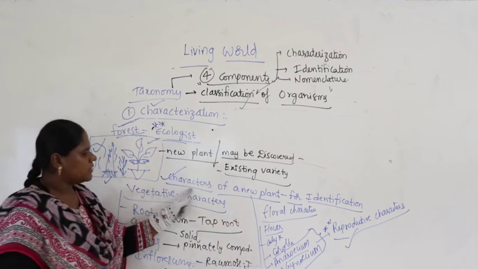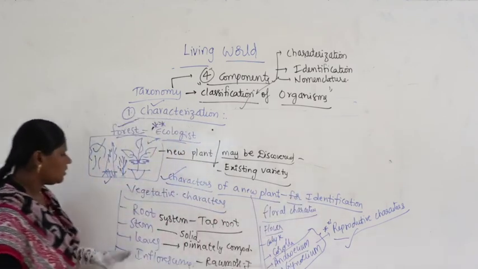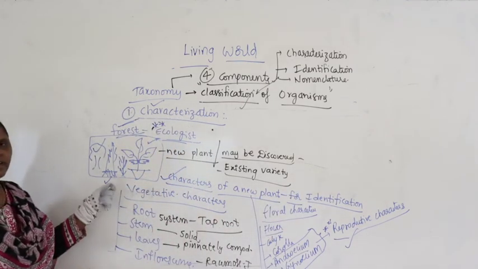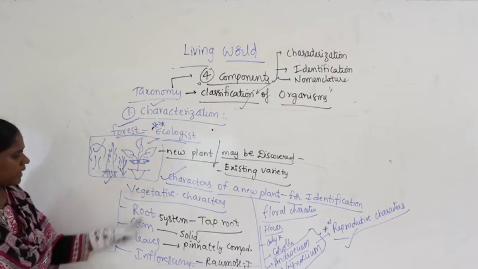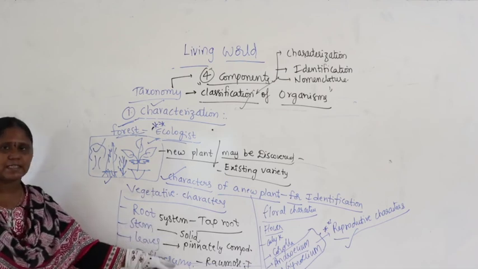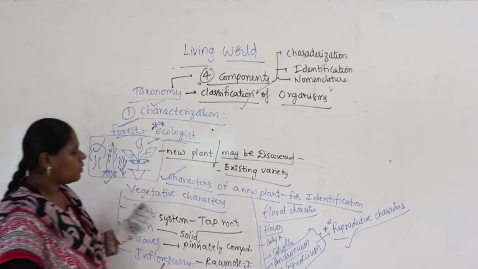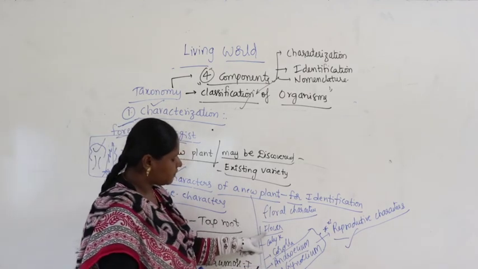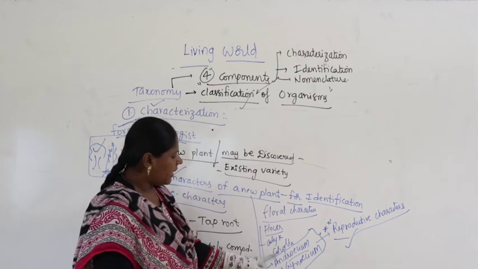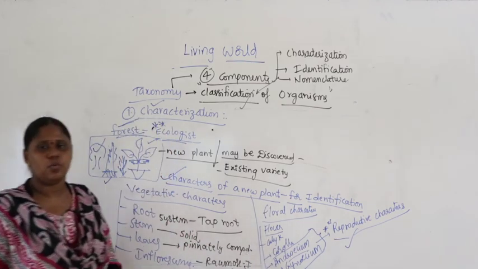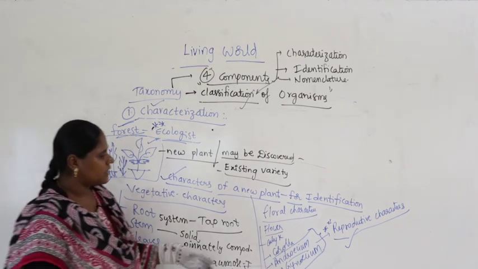So, what will he do in the first step, he will start noting down the characteristics of a new plant for the sake of identification. So, he will take the plant in hand, he will take the branches, leaves, inflorescence, root, stem, and whatever characteristics it has, all he will note down, it will come under vegetative characters. Slowly he will note down what are called floral characters. Floral characters means flower, calyx, how it is arranged, free or united, corolla, androecium, gynoecium. In gynoecium, characteristics will come including placentation and all that.